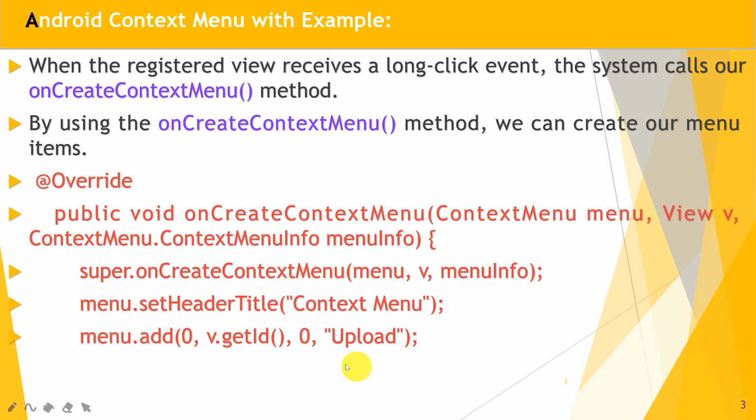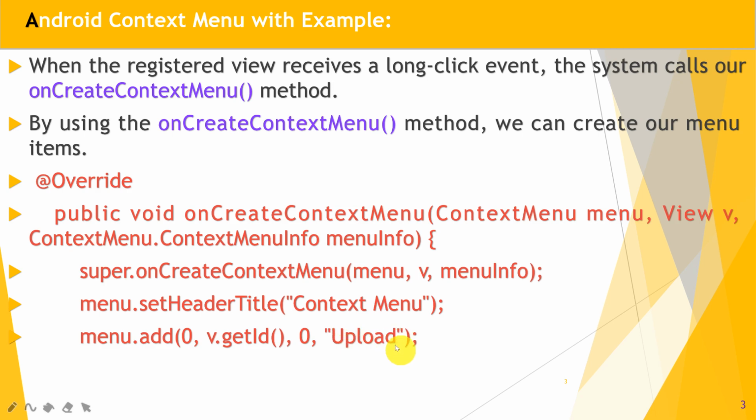So 0 is the index of the row, the third argument 0 is the index of the column, and v.getId returns the view id, where v is an instance of the View class. So it gives the view id attached to the context menu, and the string we have to display, that is Upload, the name of the menu item.